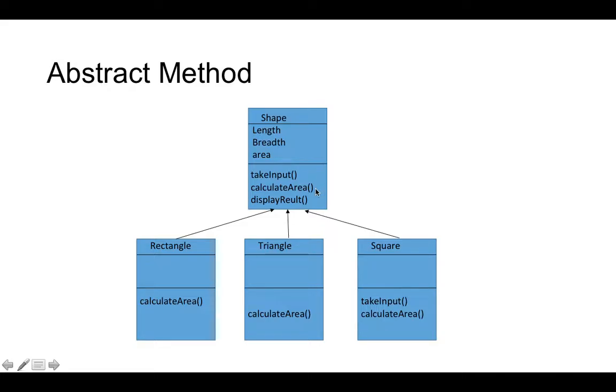Such a function that has no body, only a signature, is called an abstract function. It is the responsibility of all subclasses to provide the implementation of an abstract function. A class that has an abstract function in it is called an abstract class.